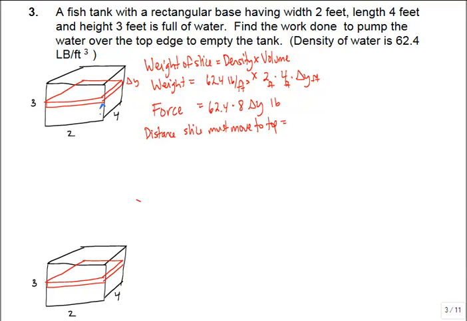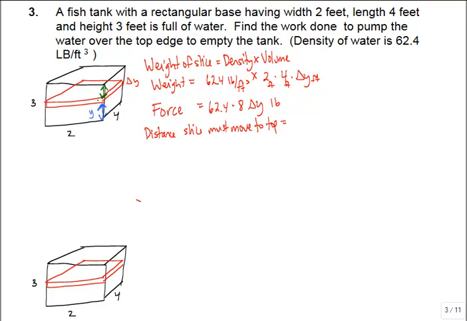So I would call this vertical distance here y, and we're going to let y go from the bottom all the way up to the top, and it's like we're moving that slice of water slowly up over the edge of the tank to empty it out. So if this being measured from the bottom is our y, then the distance that this red slice needs to actually move to get to the top is this distance right here, up above.